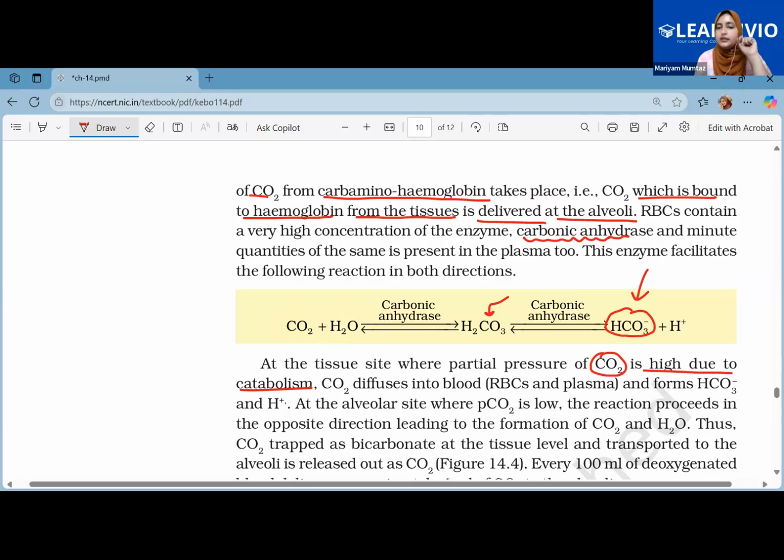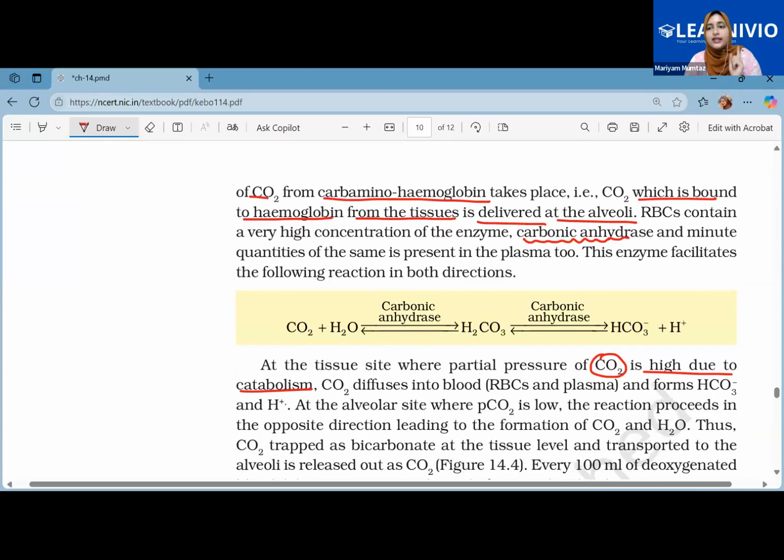See, the hemoglobin part, have you understood how the CO2 is getting transported by hemoglobin? Now, remember, I told you that the CO2 can get transported by hemoglobin, it can get transported in the dissolved state in the plasma, and it gets transported in the form of bicarbonate ion, HCO3 minus.